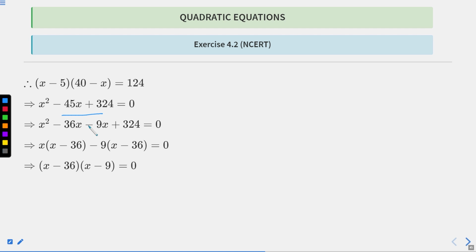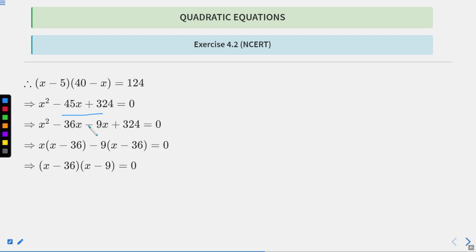Here the middle term is minus 45x, so we can split it as minus 36x minus 9x. It implies x square minus 36x minus 9x plus 324 is equal to 0, and it implies x times x minus 36 minus 9 times x minus 36 is equal to 0, and it implies x minus 36 times x minus 9 is equal to 0.